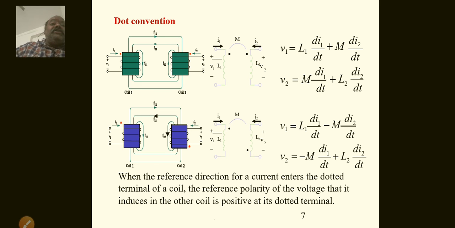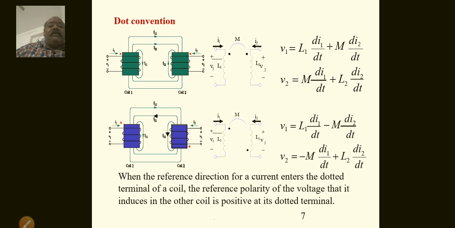In the dot convention, both dots are at the top here, I1 and I2 both incoming, so this is series aiding. Therefore V1 is L1 di1 by dt plus M di2 by dt. Here also, V2 equals M di1 by dt plus L2 di2 by dt.